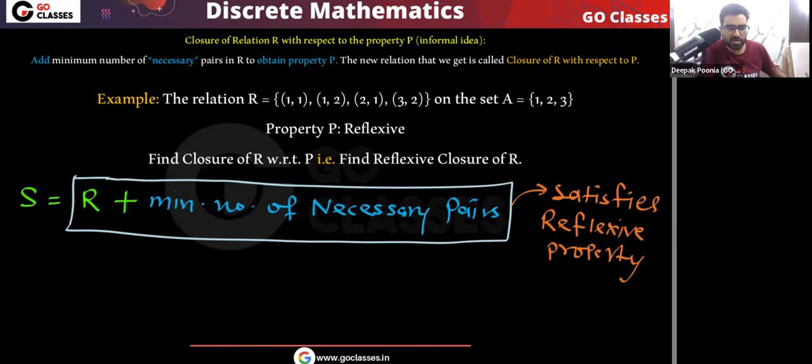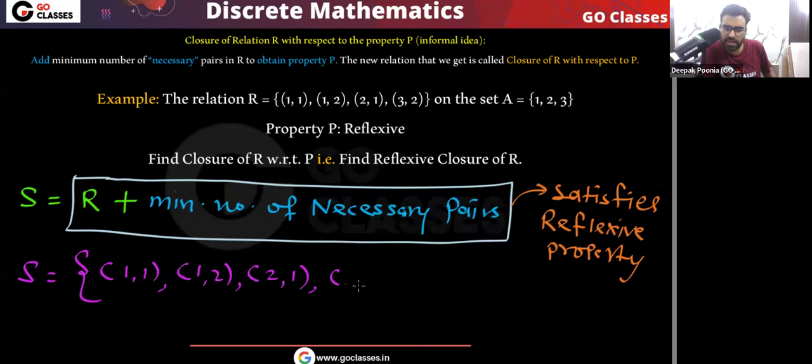A simple question I'm asking. Do you agree with me that because I'm adding, I cannot remove? So all these 4 I must put. Without looking at anything, you just directly put these 4, because remember, you need to add. You cannot remove any pair.